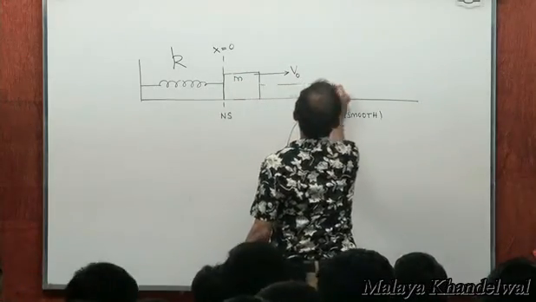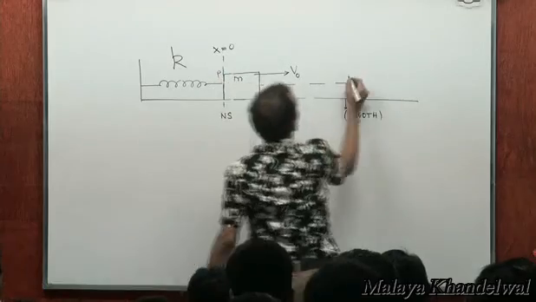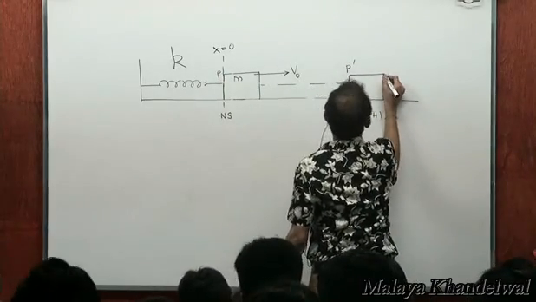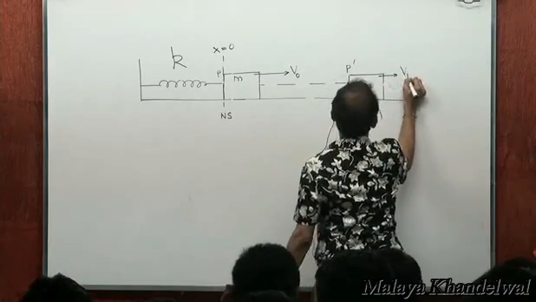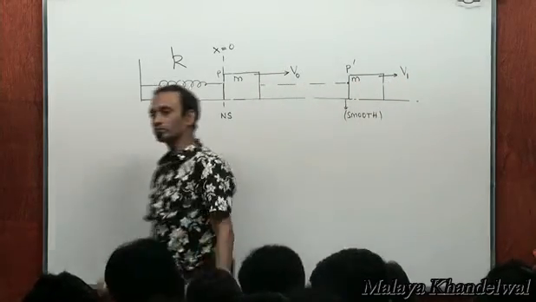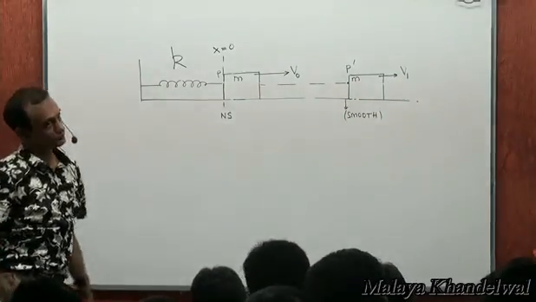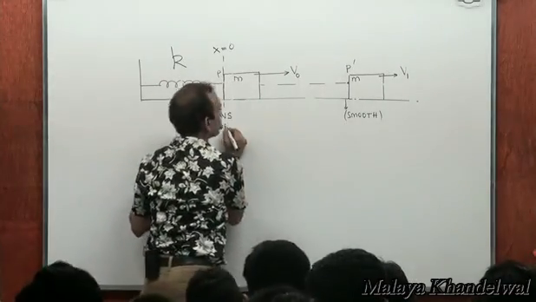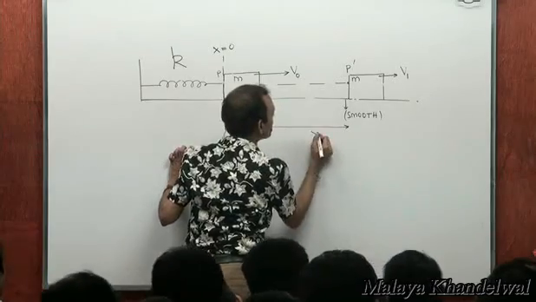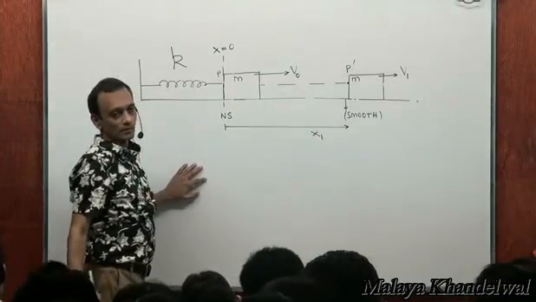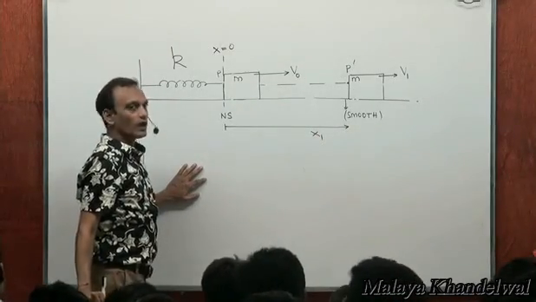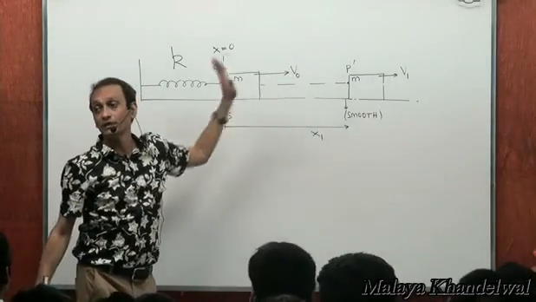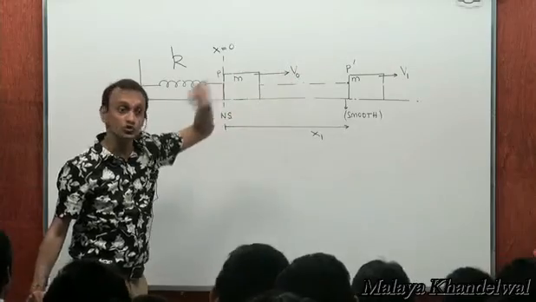After a while, the free end of the spring comes to P prime, and the mass acquires a velocity v1. Let's say the elongation in the spring till this point is x1. I want to apply the work energy theorem between these two states.